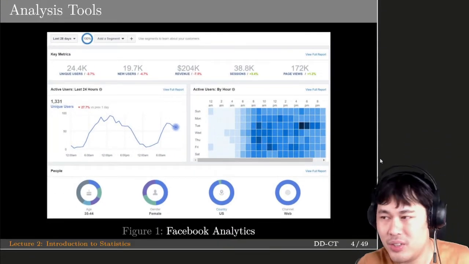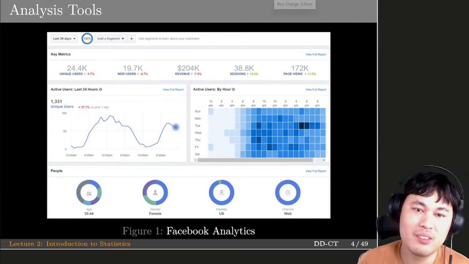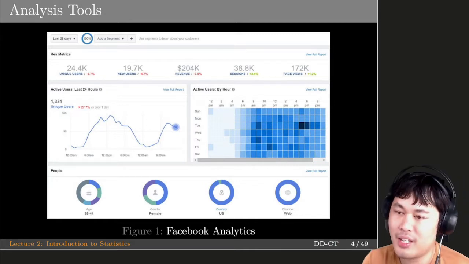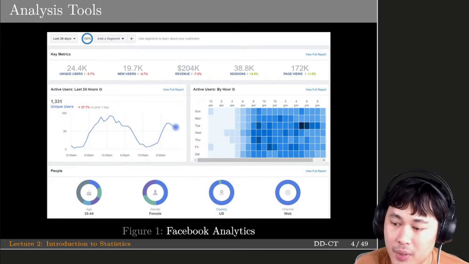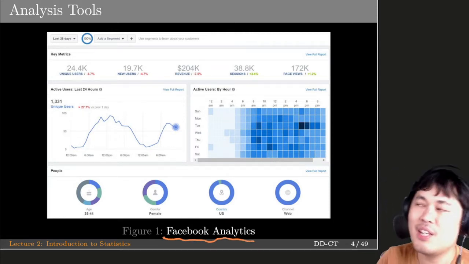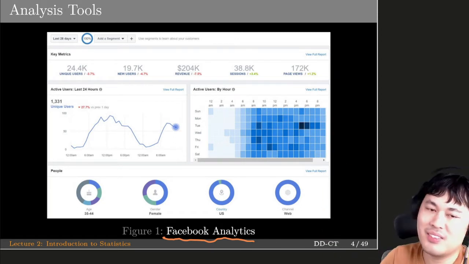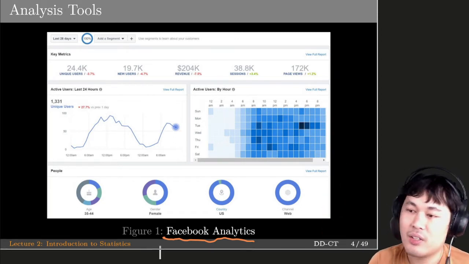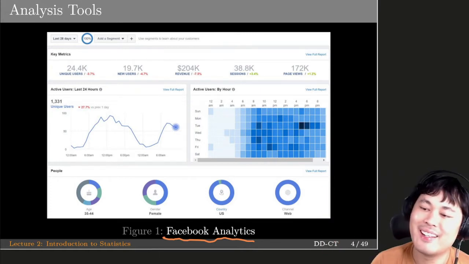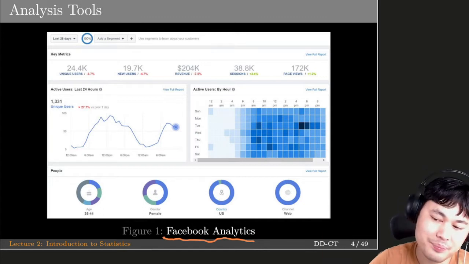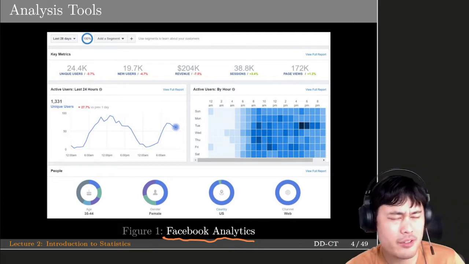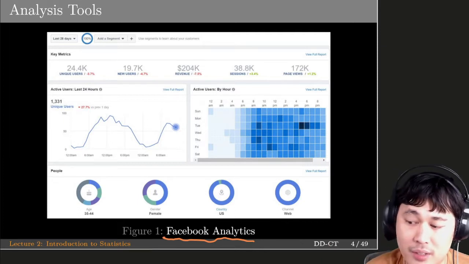Nowadays you don't actually need to deal with numbers at all because there are lots of tools. You have phones, you have Excel, you have this kind of tool. For this example, this is Facebook analytics. Several years ago, if you had a serious business, you had to collect data like income, expense, and number of customers yourself, and you needed to know statistics to use them.